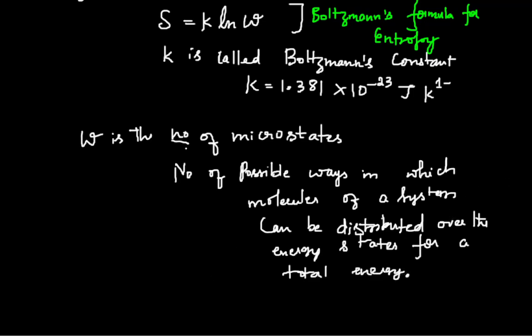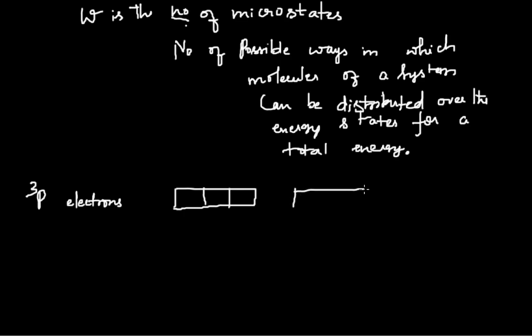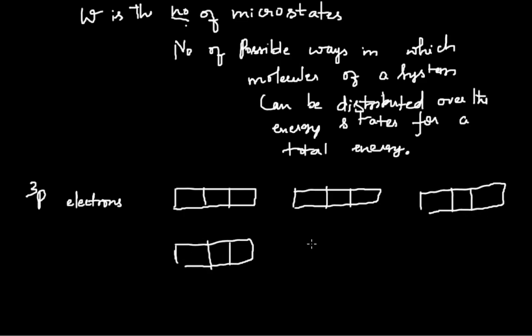Okay, to give you a brief idea of what a microstate is, let us say you need to fill 3 p electrons. It's not just one way of filling; there are at least 6 ways where you can fill 3 electrons in p orbitals. One is 1 1 1.